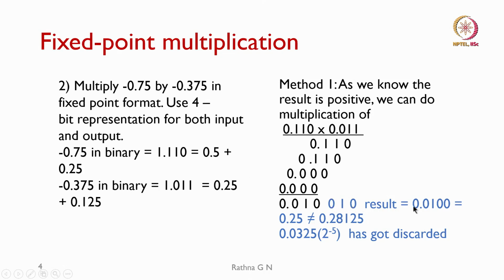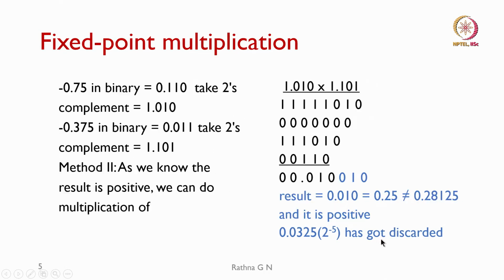So, the result is 0.010, so we will be getting it as 0.25. Originally, what we are supposed to get is 0.28125 when completely taken into account. Even in decimal, if you multiply 0.75 and 0.375, you should get 0.28125. So, what we say is this 2 power minus 5 LSB bit has got discarded.